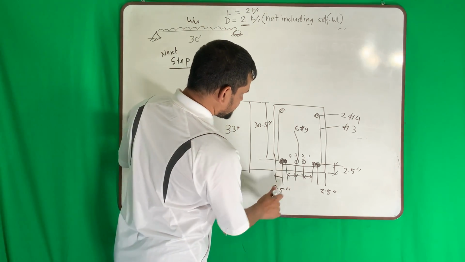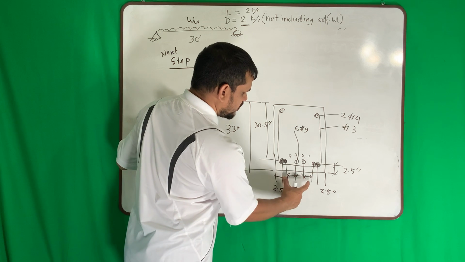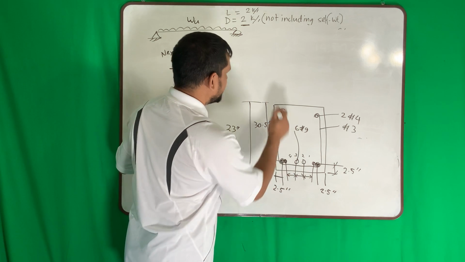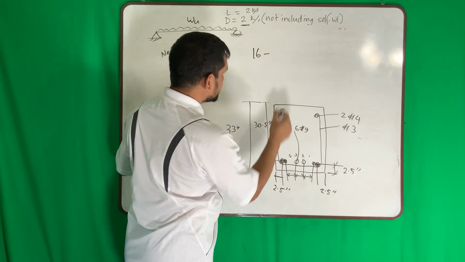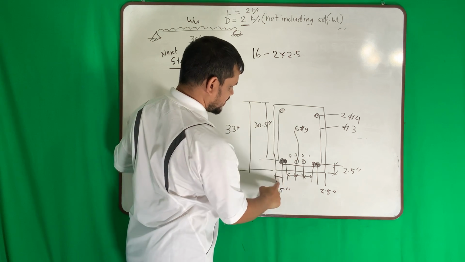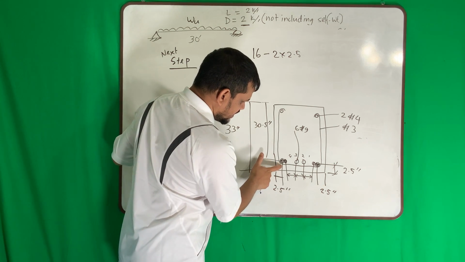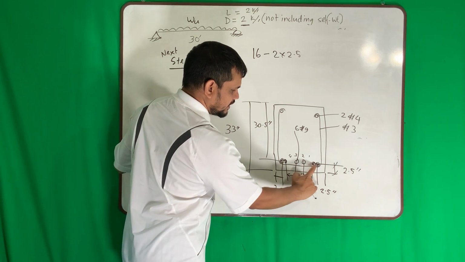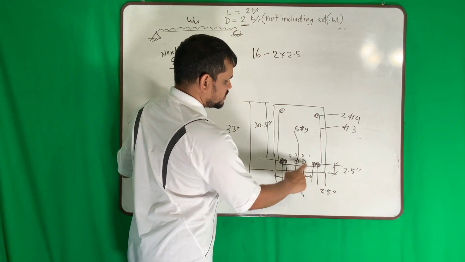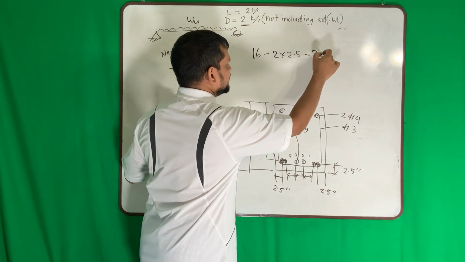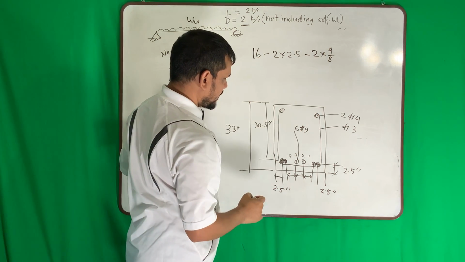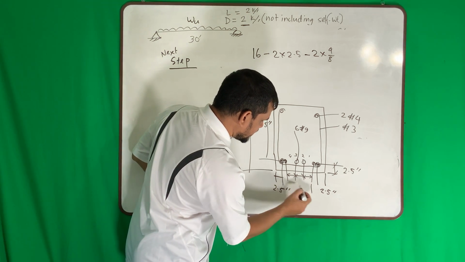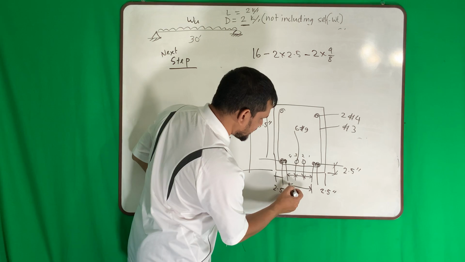So to calculate this distance, how to calculate? Not so difficult. Okay, first, maybe what we will do, we will place these two reinforcement at the center. Okay, how much space I have? 16 to 2.5, 2.5, 2.5. From here to here, one bar here, half bar here, half bar here. Here to here, half, half, two. So one bar here, one bar here. So 2 bar 9.8. That means then I am getting here to here, this spacing.